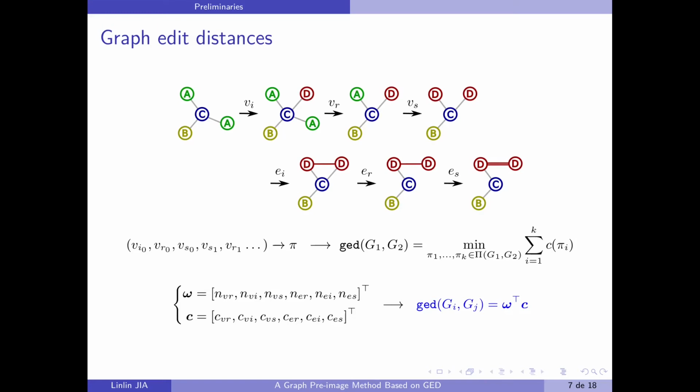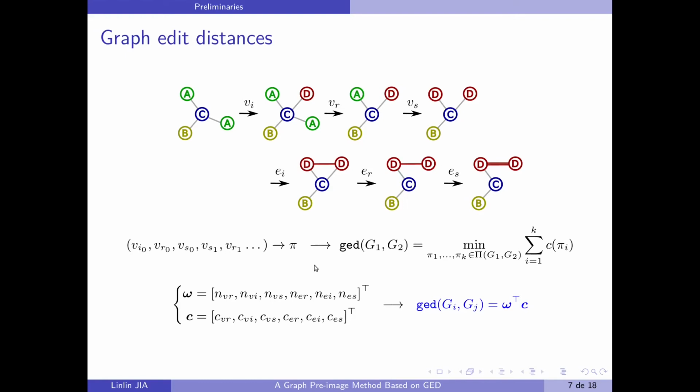To construct graphs, we use the graph edit distance. To transform one graph into another, 6 fundamental operations can be used, namely the insertion, removal, and substitution of nodes and edges. The sequence of these operations composes an edit path denoted by pi.